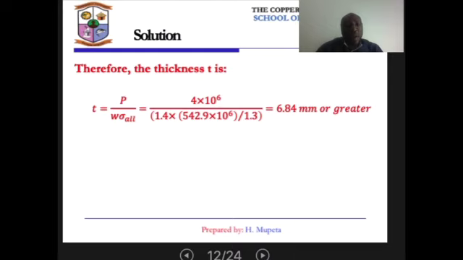Okay, so this analysis that we've done here shows that the fracture toughness KIC limits the geometry when the stronger alloy is used, and so a thickness of 6.84 that we found here or greater is required. However, when we use the weaker alloy, the geometry is limited by the yield strength, because we saw that the fracture stress we found was greater than the yield strength.